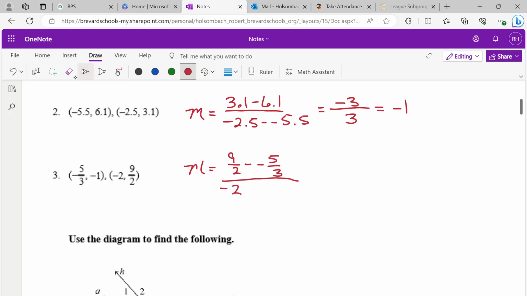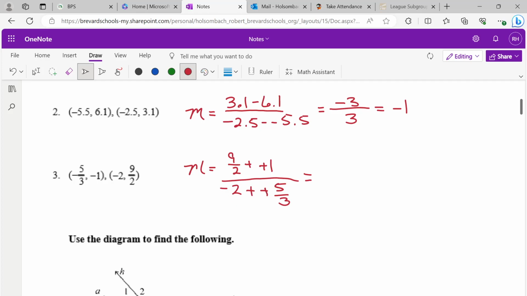No, I made a mistake in the numerator. 9 over 2 minus negative 1. And then negative 2 minus negative 5/3. So I'm going to be using the fraction button here in the numerator. I'm going to keep, change. I'm going to do the same in the denominator.